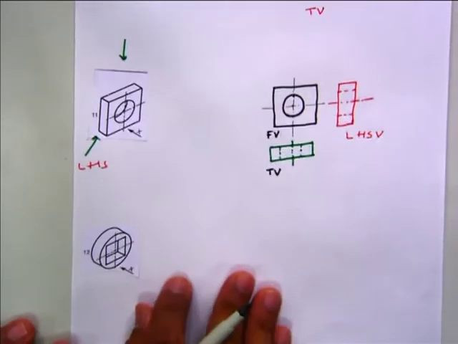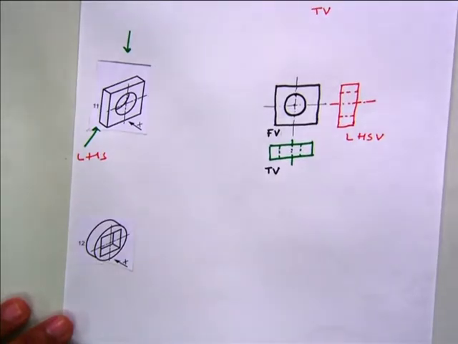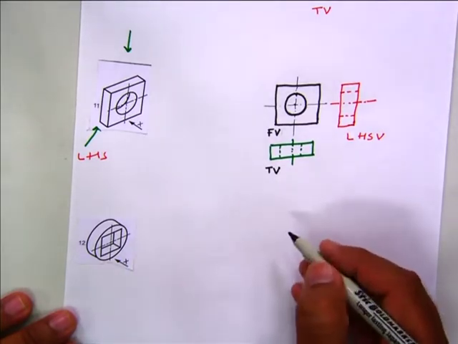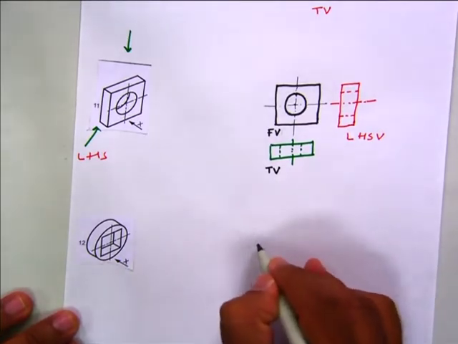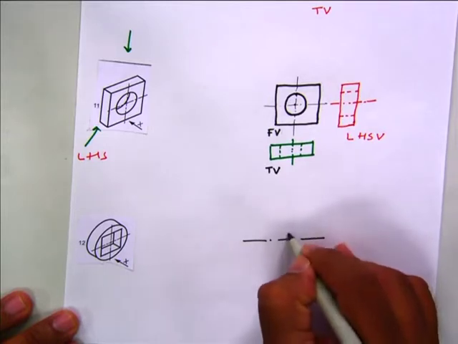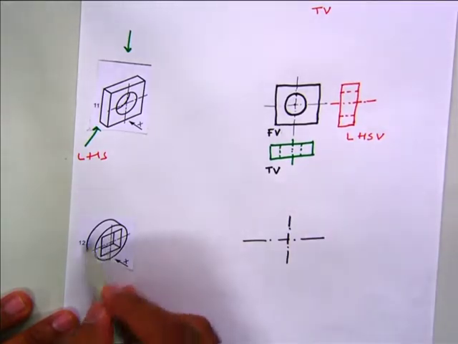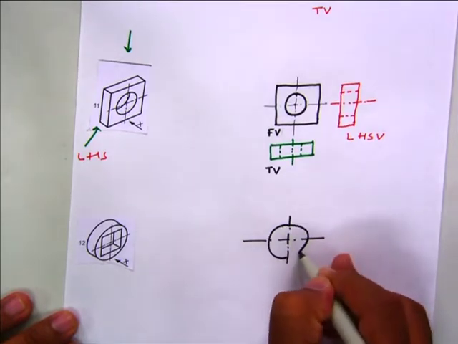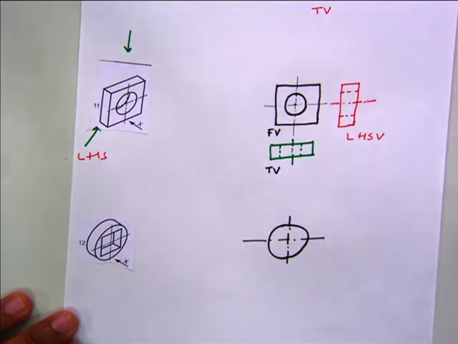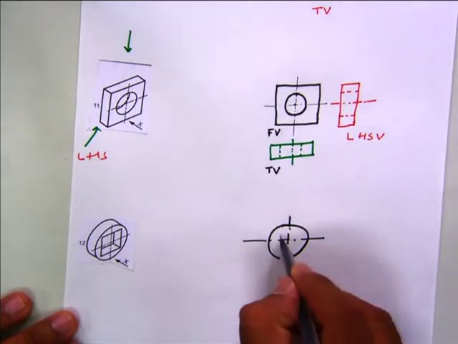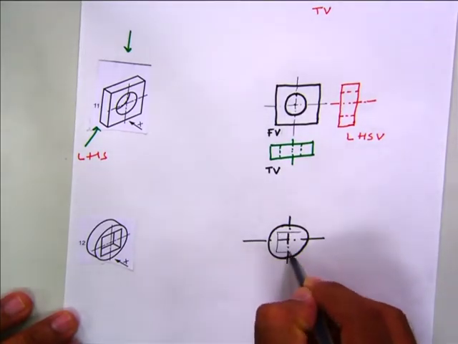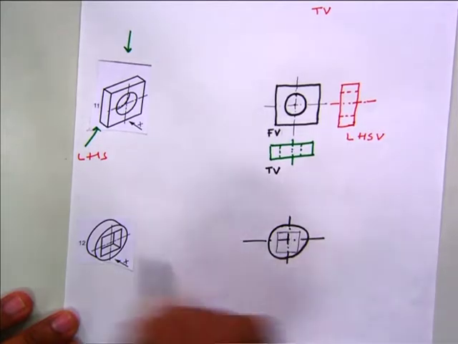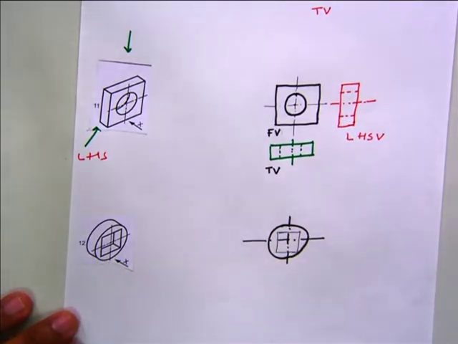Let us have another kind of figure. Here you can see the circle in front view. There is a square inside.